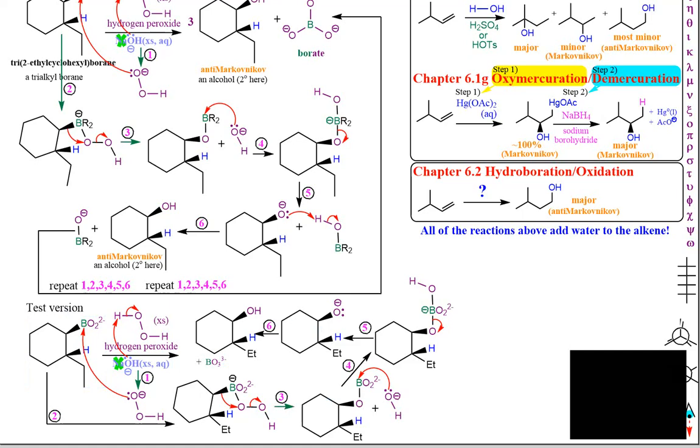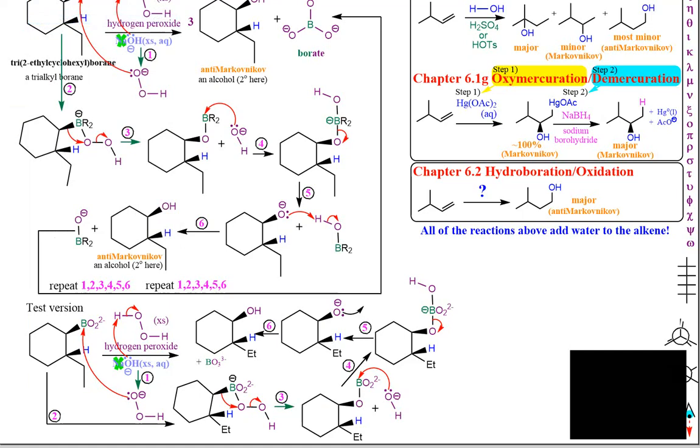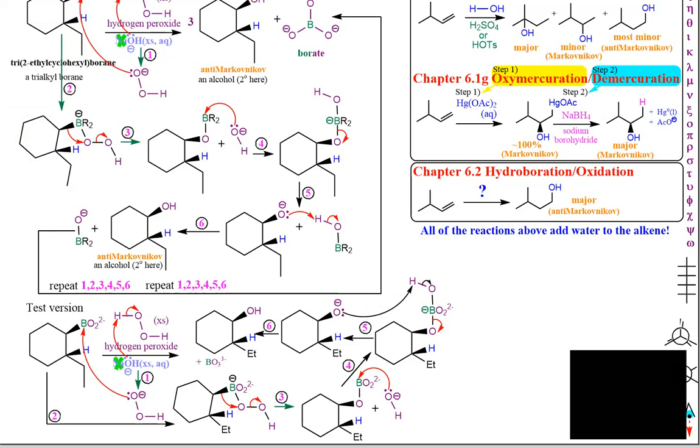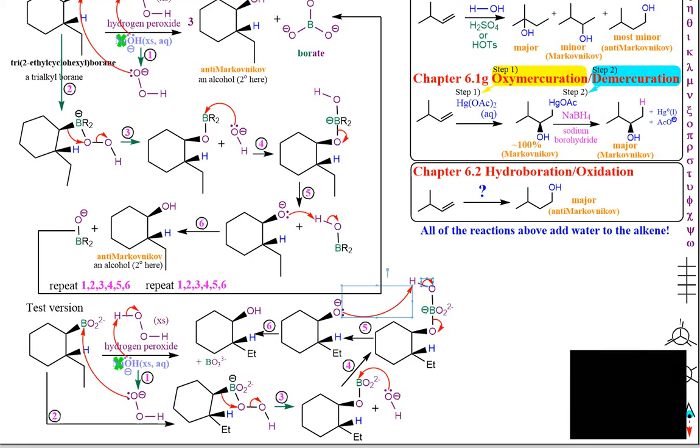Although I haven't shown the arrow yet for step 6, might as well do that while I'm here. Grab the proton. Sigma becomes lone pair. So, step 1, acid-base, generates an O-.